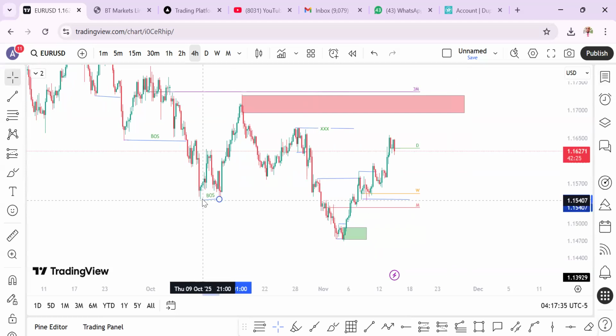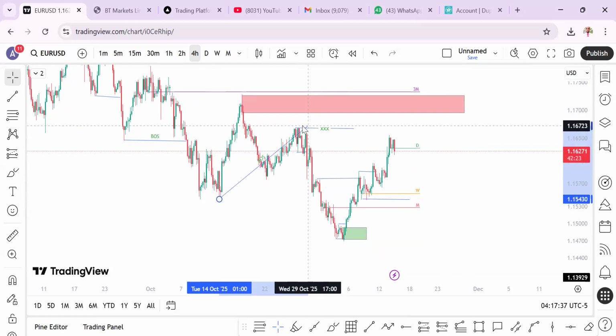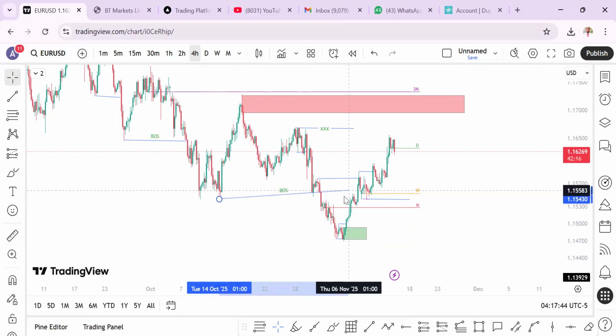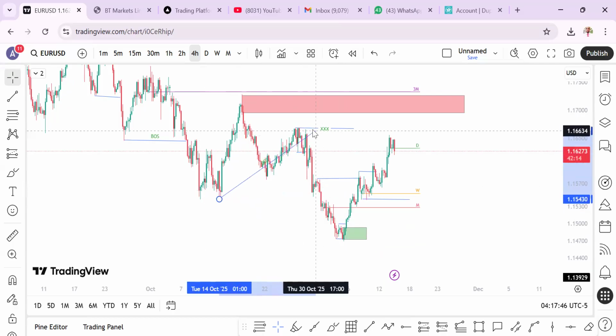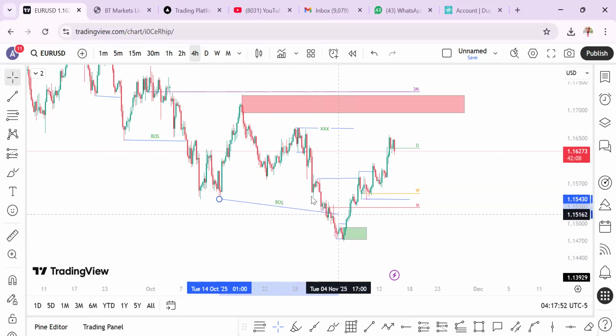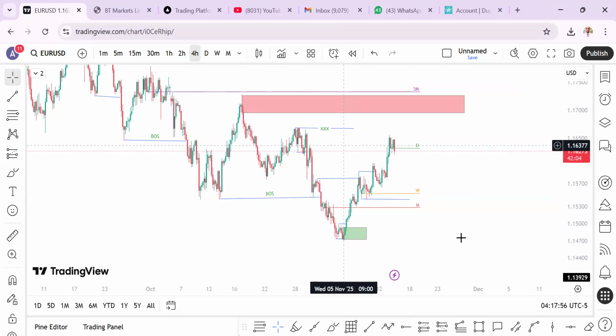Price broke and took our liquidity. When price was here and I was selling, I said this place is a target for me, which is liquidity taking. I started selling here and I was targeting this low, and even price surpassed it. But now price is giving us a clear break of structure.